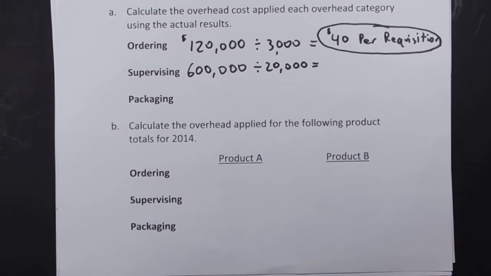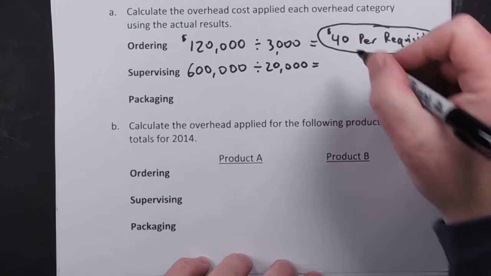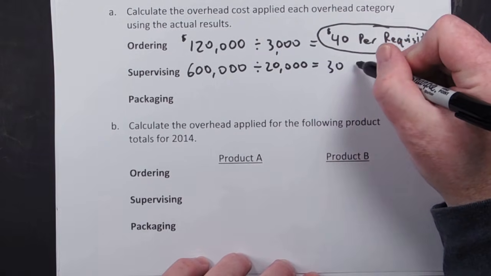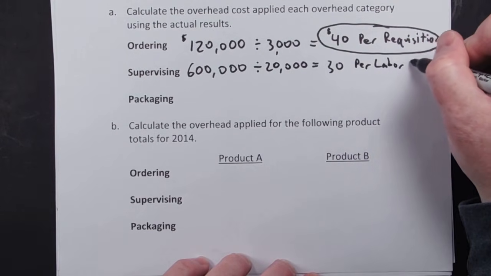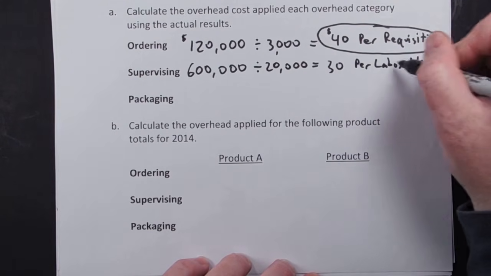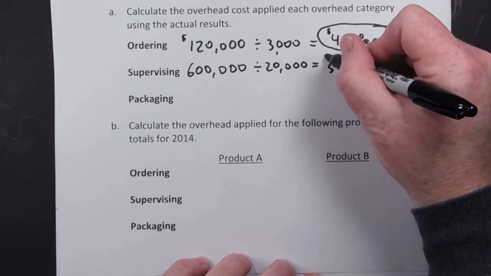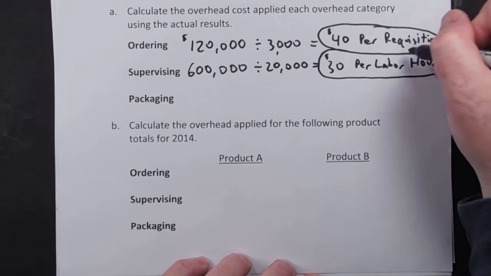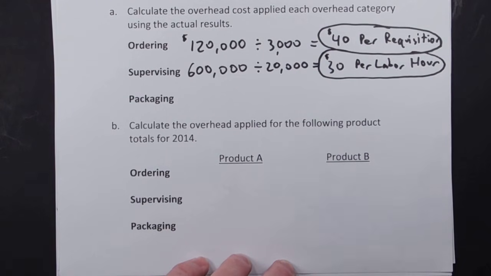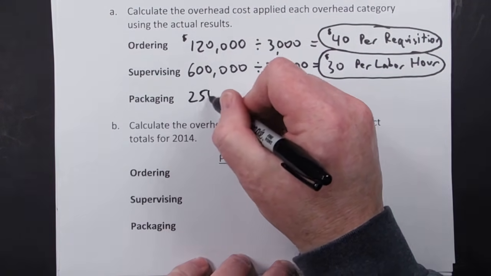So our supervising, we have 600,000 divided by 20,000 labor hours. So we get a rate of $30 per labor hour. Do the same thing for the packaging.